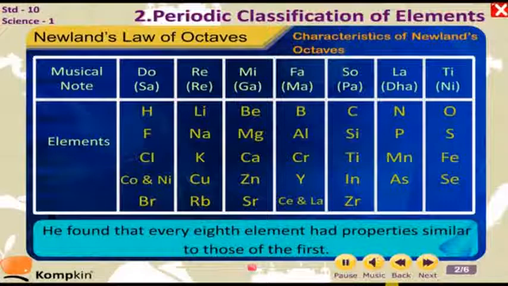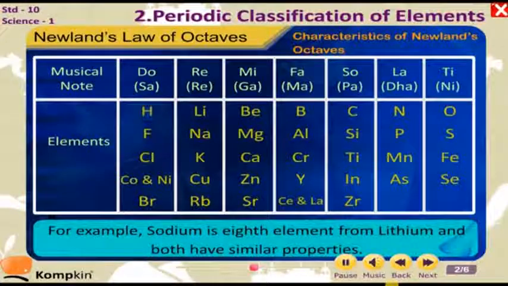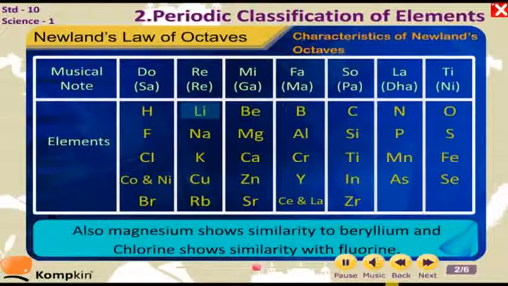He found that every 8th element had properties similar to those of the first. For example, sodium is the 8th element from lithium and both have similar properties. Also, magnesium shows similarity to beryllium and chlorine shows similarity to fluorine.